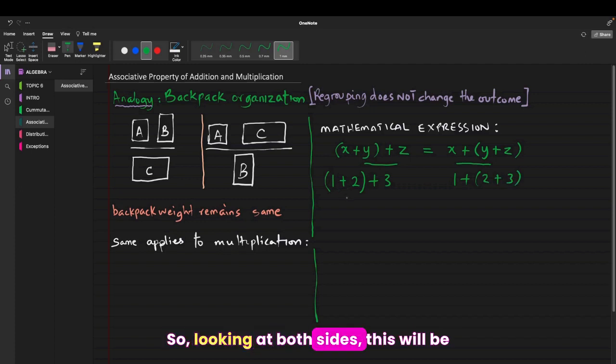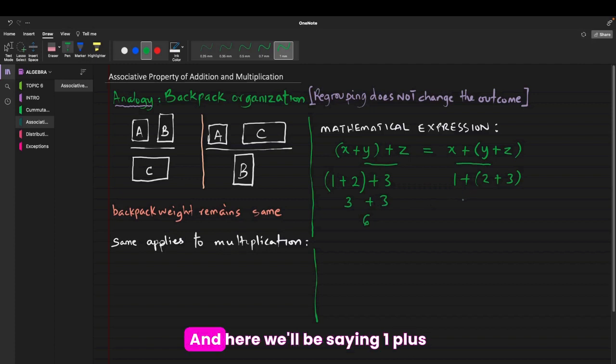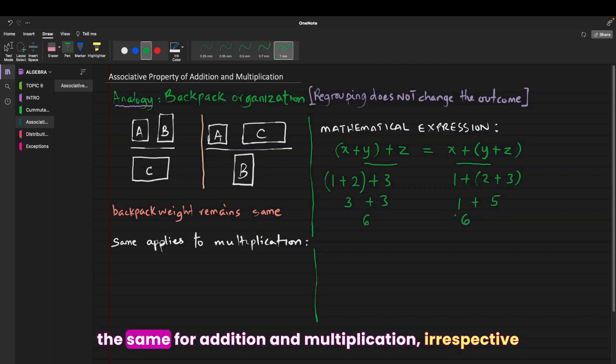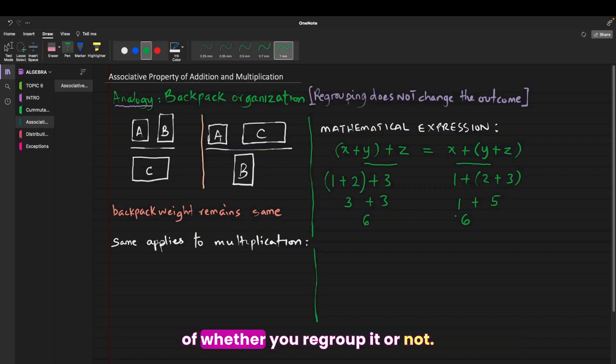So looking at both sides, this will be 3 plus 3, which results in 6. And here we'll be saying 1 plus 5, which also results in 6. In other words, the associative property holds for addition and multiplication, irrespective of whether you regroup it or not.